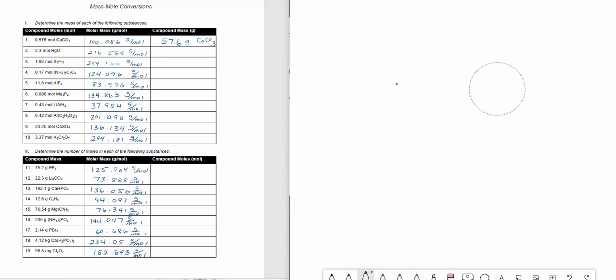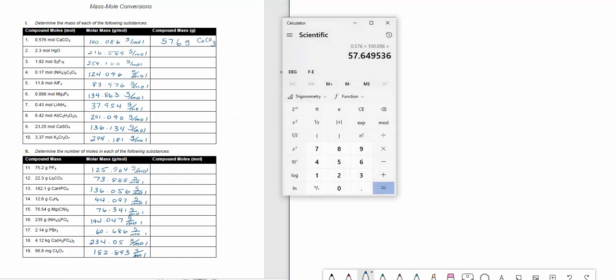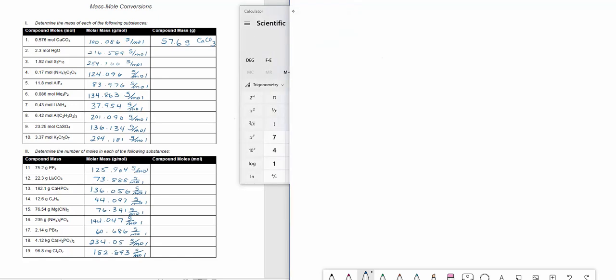For mercury, I have this mercury(II) oxide. I start with what I'm given. So I start with 2.3 moles of my compound, HgO, and I use the molar mass, which is 216.589, and that is grams of HgO per every 1 mole of HgO.